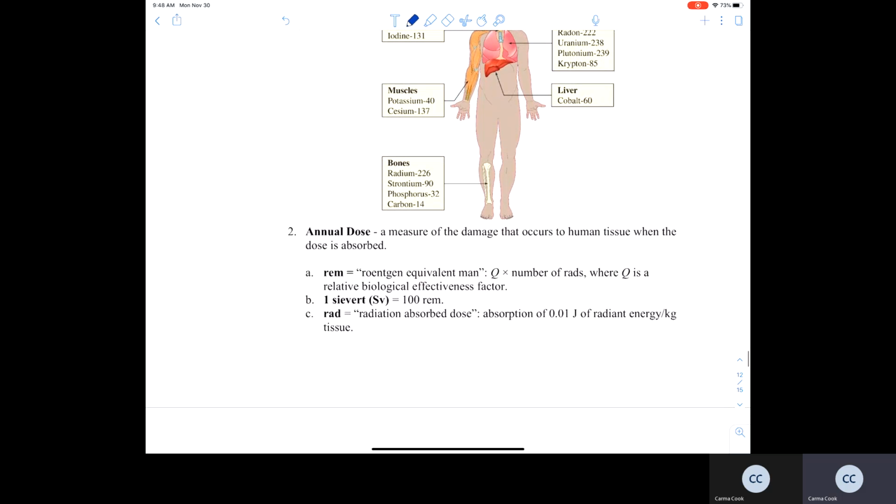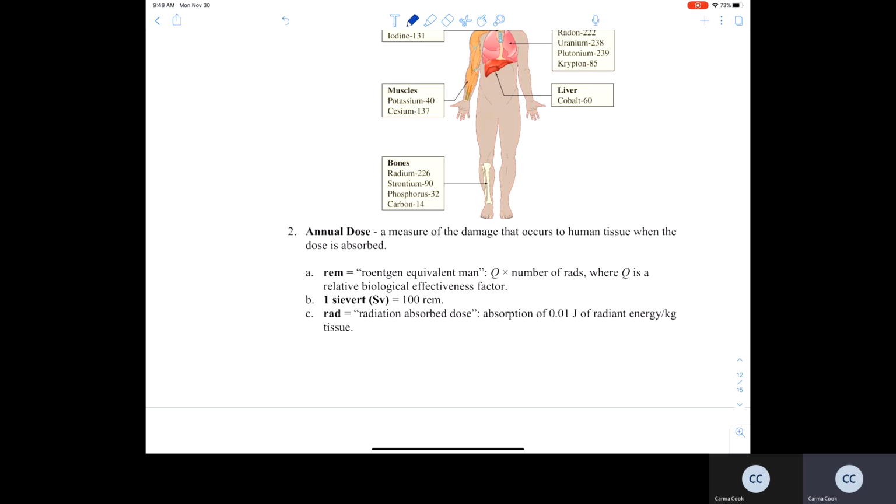And so the annual dose is basically a measure of the damage that occurs to human tissue when a dose of ionizing radiation is absorbed. So there are three different main units for radiation amounts. The REM, which is called the Roentgen equivalent man, and it's going to be calculated by taking a factor called Q, which is a biological effectiveness factor, and multiplying it by another unit called the number of rads.